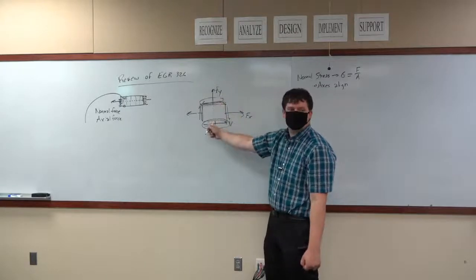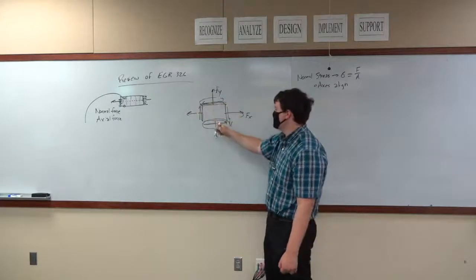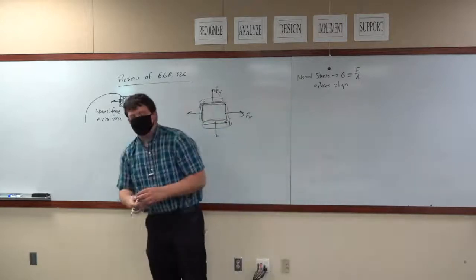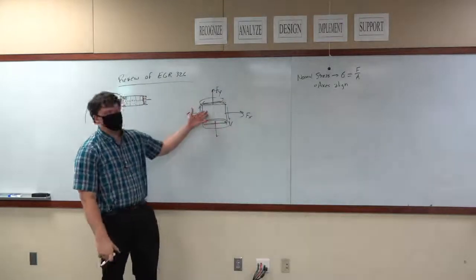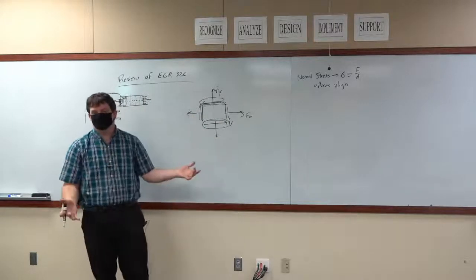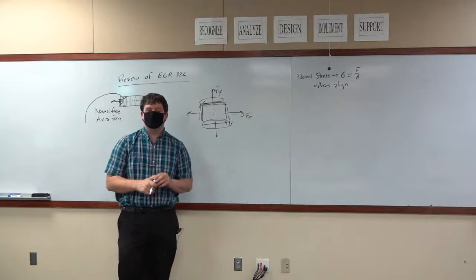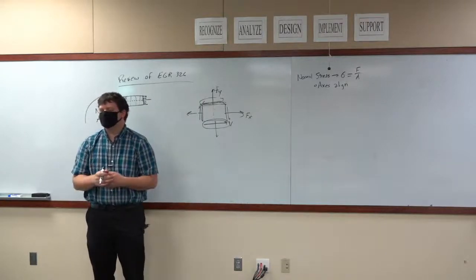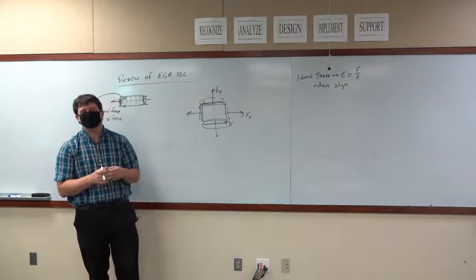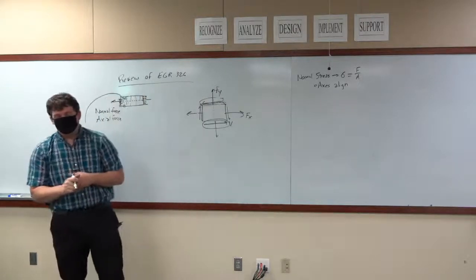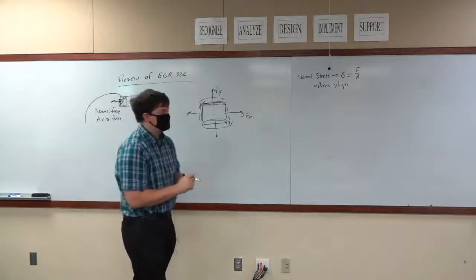It's basically a 1-dimensional entity. It's on a line. They're both equal and opposite. If one of them is greater than the other, we have an acceleration. Otherwise, they're opposing. For this class, we assume that there are no accelerations inside of the material, because in order for there to be an acceleration inside of a material, it means the material is growing, usually exponentially, which is not good. It means your thing exploded.